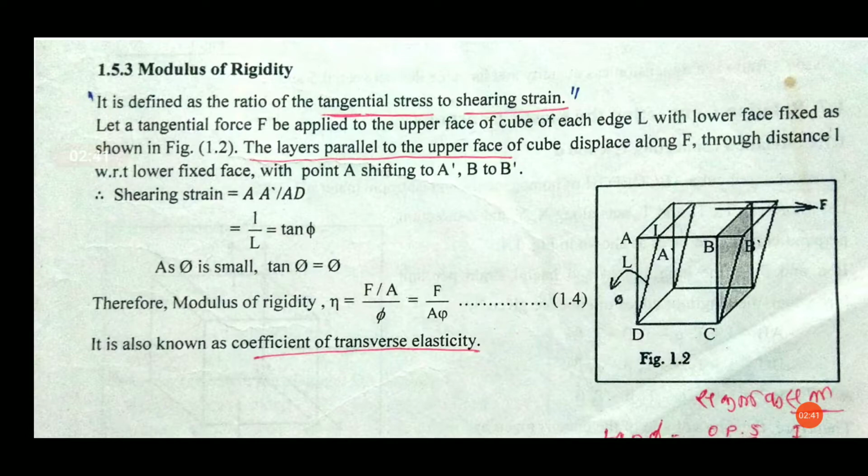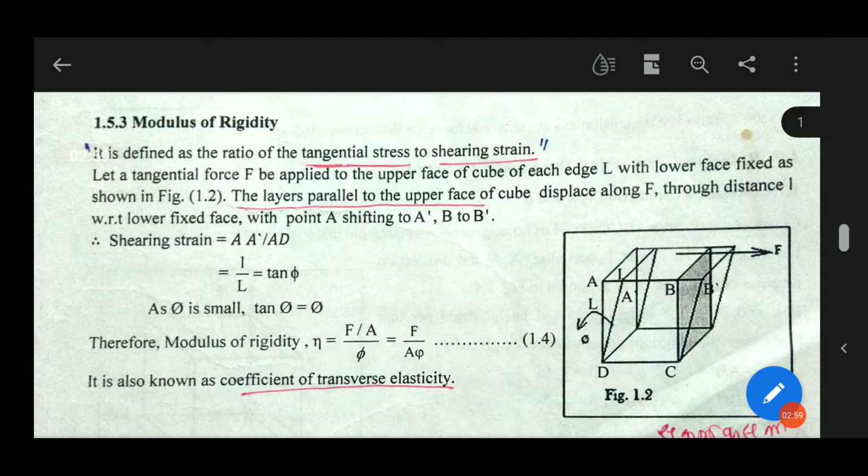Again, I repeat modulus of rigidity. First, what is the definition of modulus of rigidity? It is defined as the ratio of tangential stress to shearing strain. For this, we consider a cube of side L, A, B, C, D, and we apply a force to the upper surface of the cube.